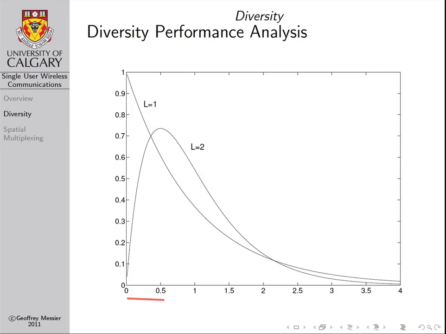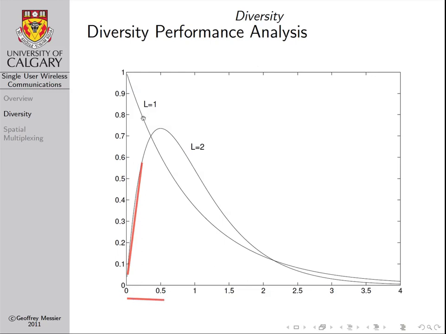When we added just one diversity path, we can see that the shape of our distribution has changed quite dramatically. Effectively what we've done is we've taken that original distribution and we've started to pull it away from 0. So now we have a shape where, yes, we still do have a significant portion of our distribution in this heavy faded range close to 0.